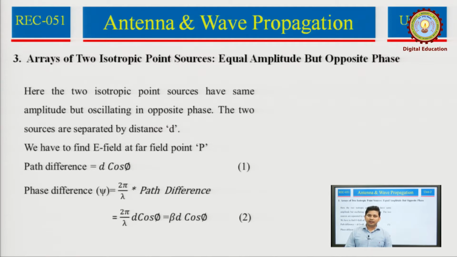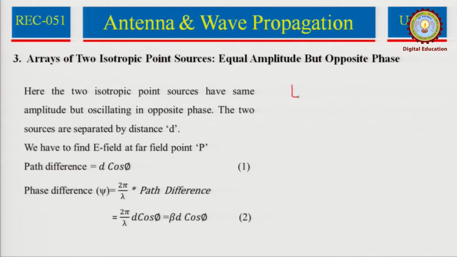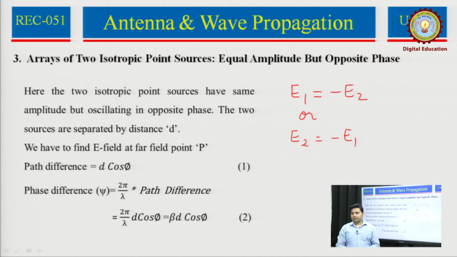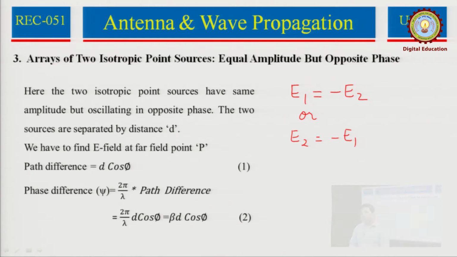But here we are considering out of phase, that means E 1 is equal to minus E 2, or we can say E 2 is equal to minus E 1. You need to understand this, and the remaining process is similar to the previous cases. So, let us begin.